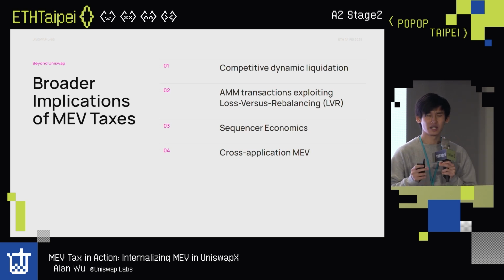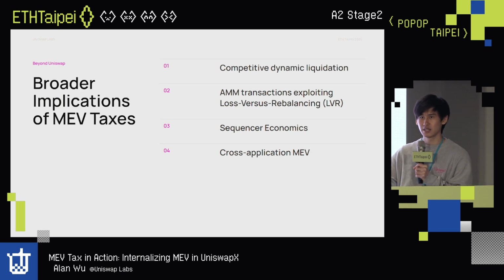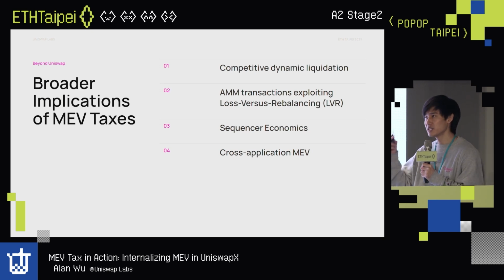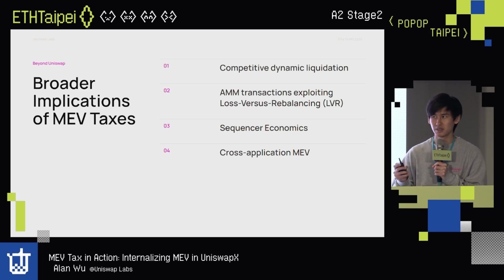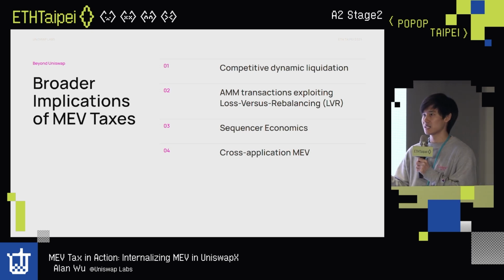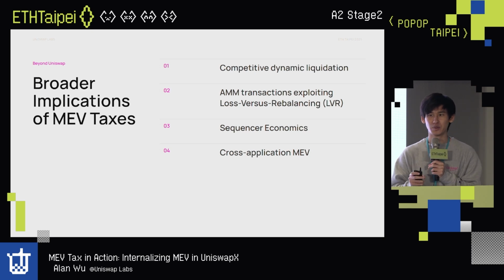So if we can implement MEV taxes across protocols, we can preserve value across the DeFi ecosystem. The really cool thing about this is that it changes the way we think about protocol design, because instead of accepting these things as inevitable leakage to external actors, we can basically return this value back to the users and protocols that created it.